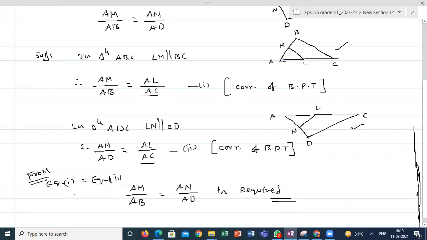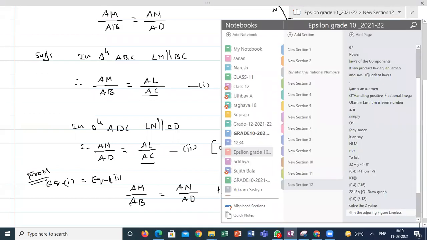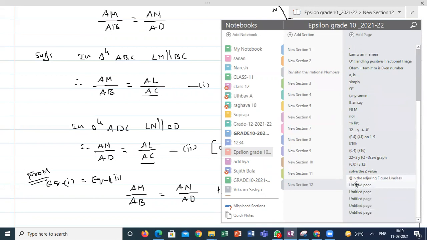Or you write this step and in brackets you write equation 1 and 2 represent the same expression AL by AC. That is also fine. The presentation is your wish. There is no restriction in that, but you should not change the meaning.